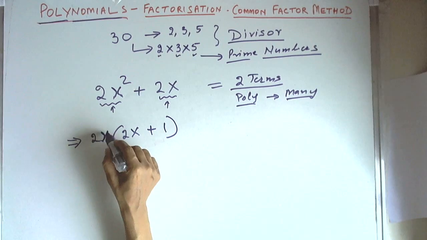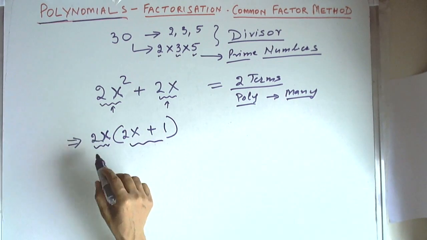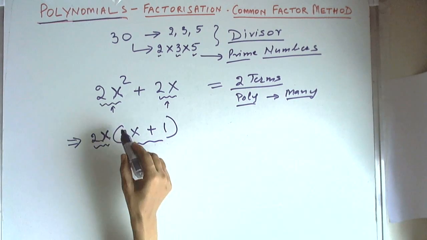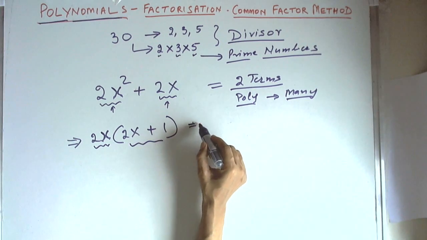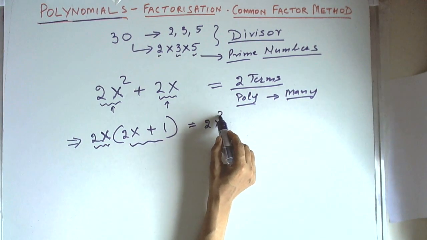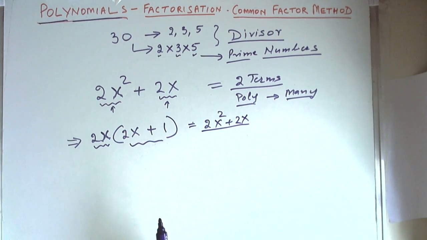So basically, if we multiply 2x by the expression in the bracket, which is x plus 1, we will get 2x square plus 2x. So the value before factorization and after factorization remains unchanged.